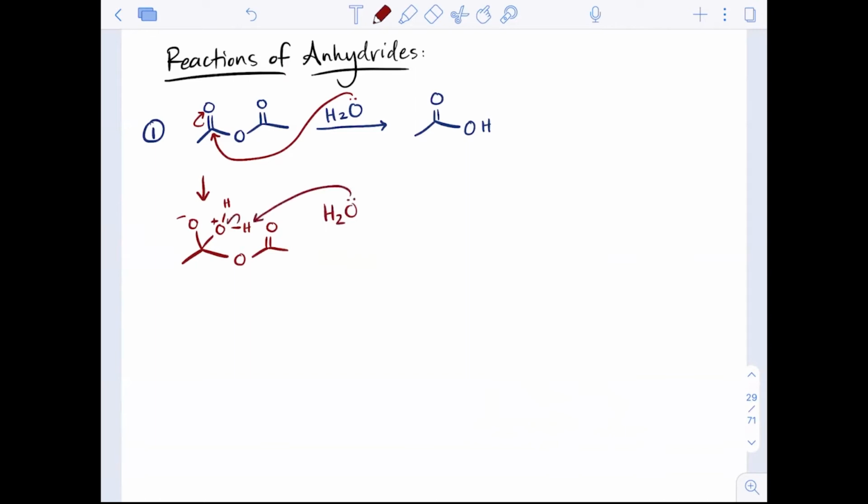Now we're going to use the second equivalent of water to be a proton transfer reagent. And that proton transfer is going to take the proton away from what was the nucleophile and give it to the oxygen sandwiched in the anhydride.